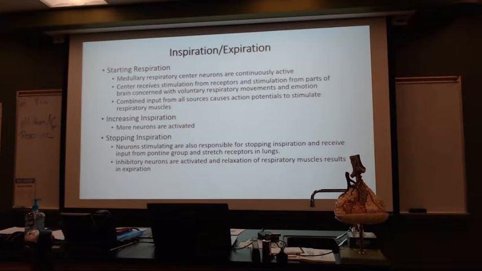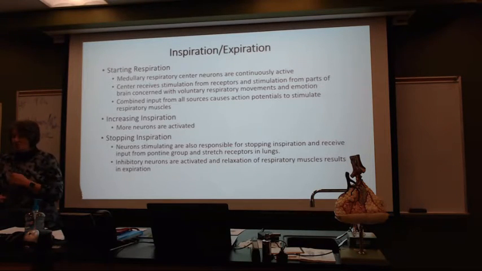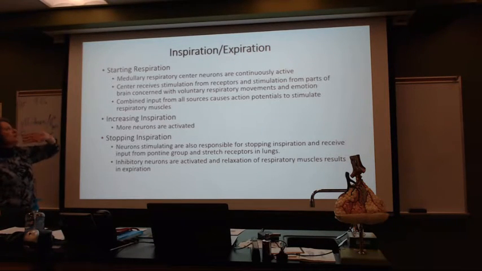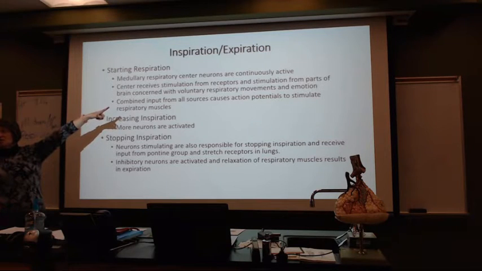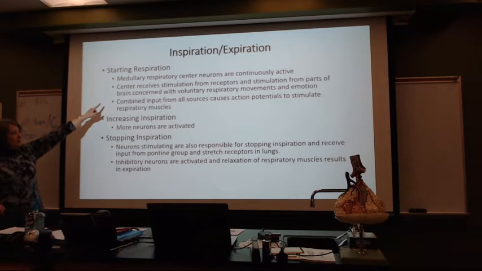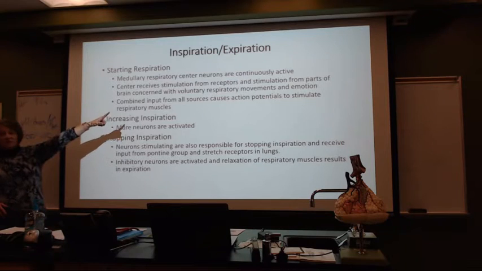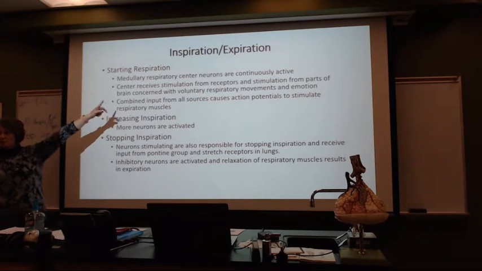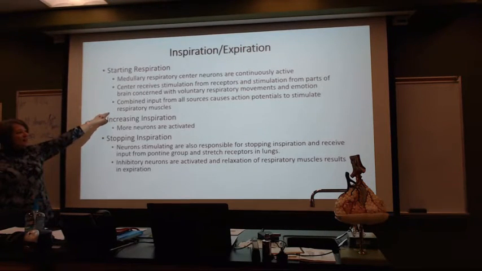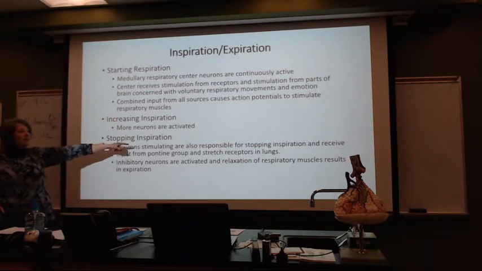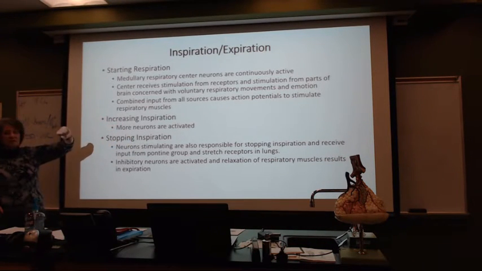So the way that we're going to breathe and exchange the gases, we're going to see that in the respiratory center, those neurons are continuously active. They're going to get stimulation from receptors, the chemo, the stretch, and a little bit from the irritant. All of that's going to end up summing together to create an action potential.